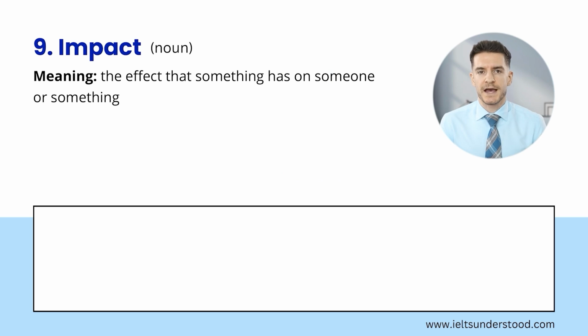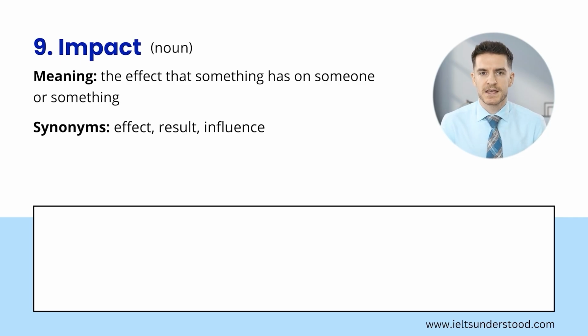Moving on to the 9th word now, which is impact. Impact is a noun, but it can sometimes be used as a verb. But for now, we're going to talk about the noun. So impact means the effect that something has on someone or something. So that's the key word there. Effect. Here are some synonyms: effect, result, and influence.